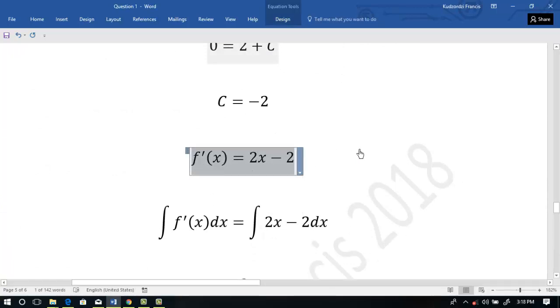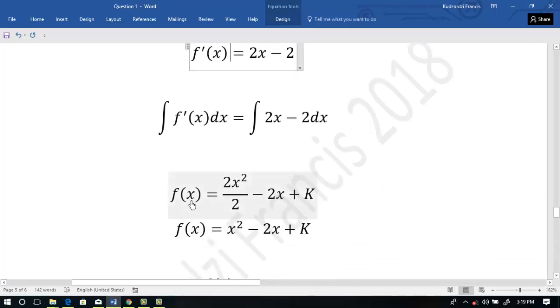So we are looking for f of x, not f prime of x, so we have to integrate this again. This is a derivative of the first order, so if we integrate it, we are reversing it. If we reverse this, we go back to f of x. So if we take the integral of f prime of x, we get f of x.